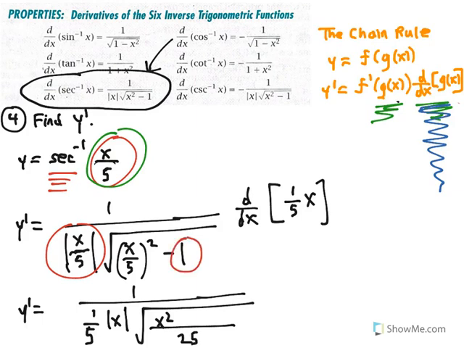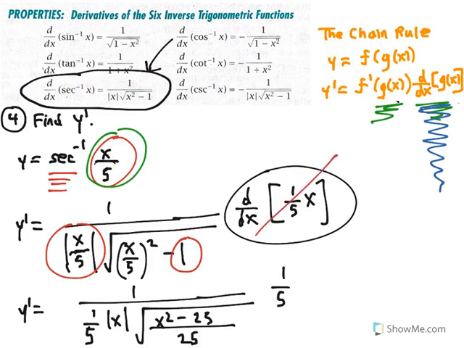And then you can write 1 as 25 over 25, allowing you to write your radical expression as I've done here. And this derivative is, of course, 1/5.